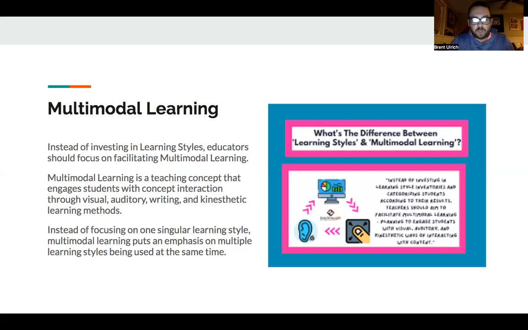An example for visual: instead of just looking at one thing, they're able to use visuals in the form of graphs and diagrams. Instead of just using one learning style, they are benefiting from using multiple ones at the same time.